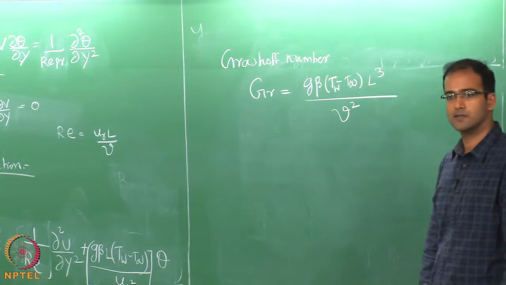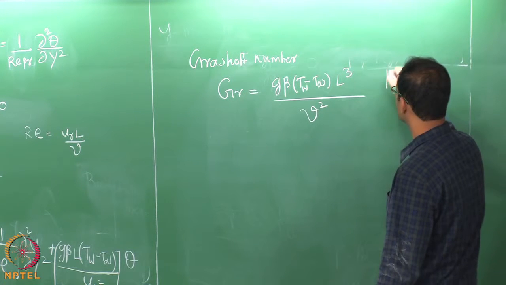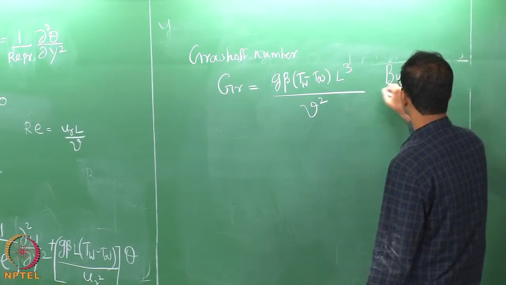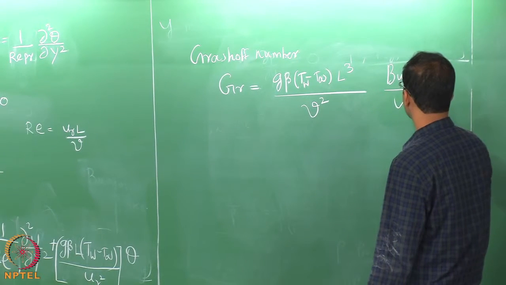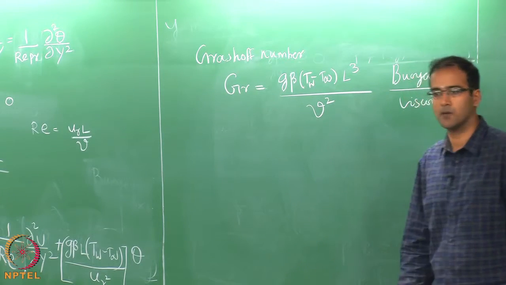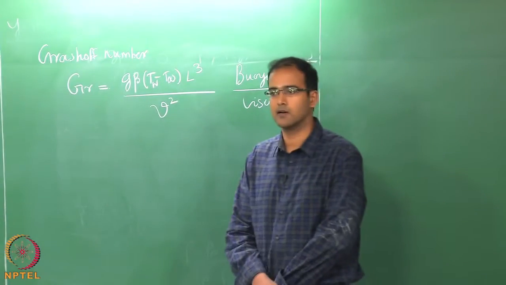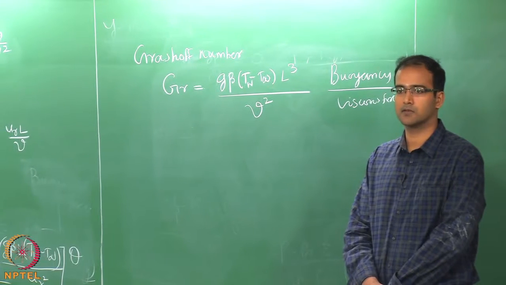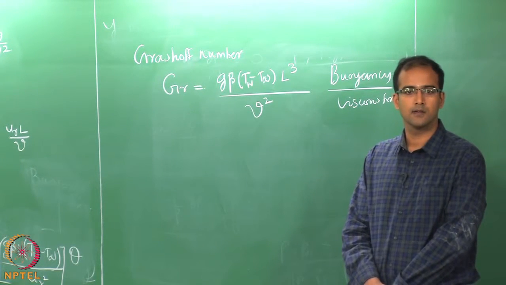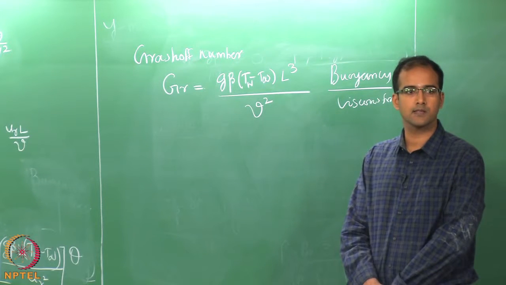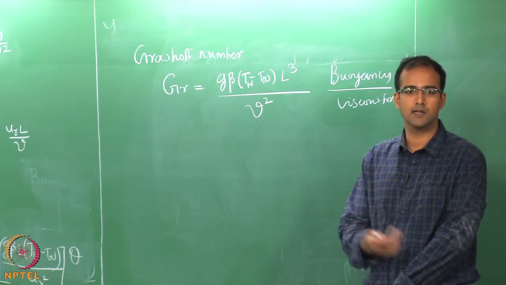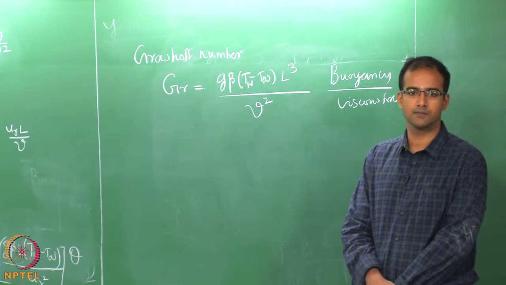So, this is basically the ratio of buoyancy and viscous force. You can imagine that this Grashof number is somewhat analogous to the Reynolds number in forced convection. There you have inertial force, here the inertial force is replaced by the buoyancy force, or in fact the inertia here is driven by buoyancy.